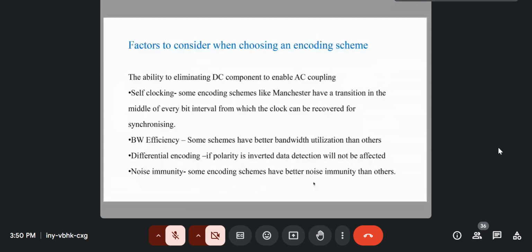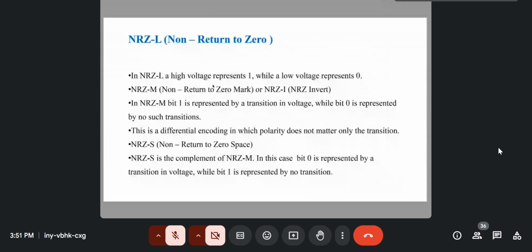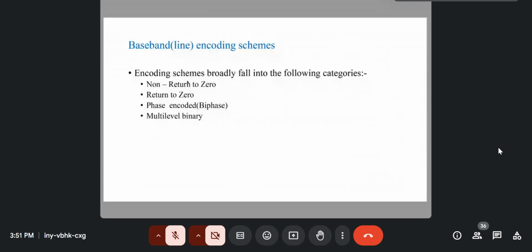Than the ones which rely on the level of the voltage. So let's look. Encoding schemes broadly fall into these categories. The first one is non-return to zero.